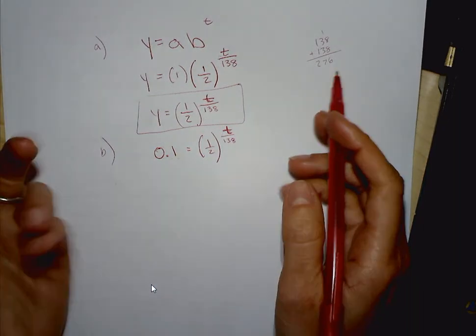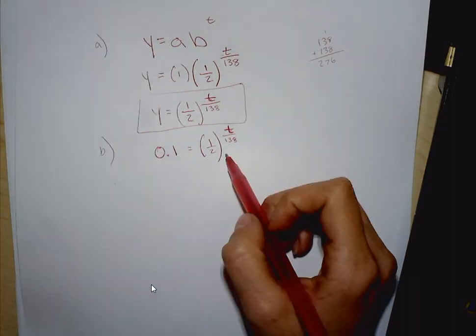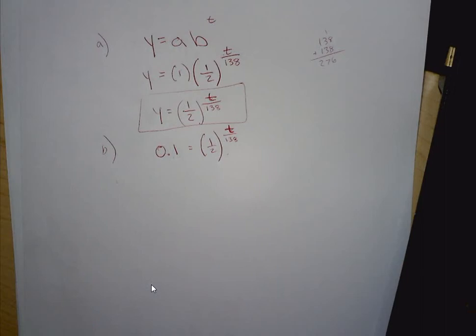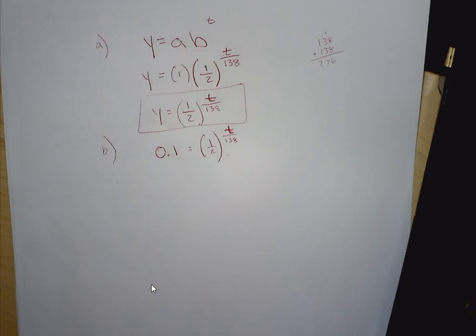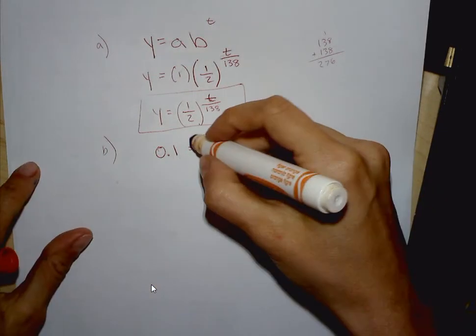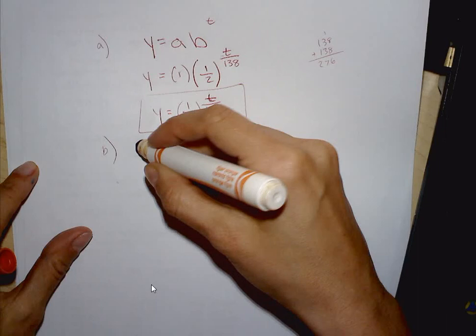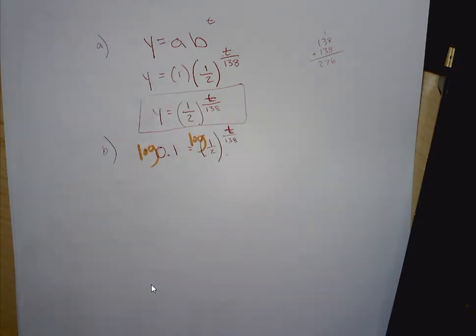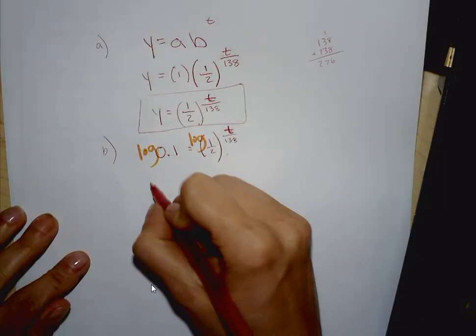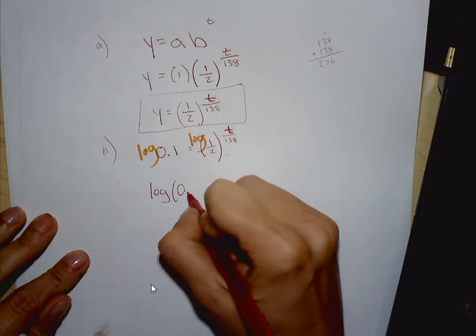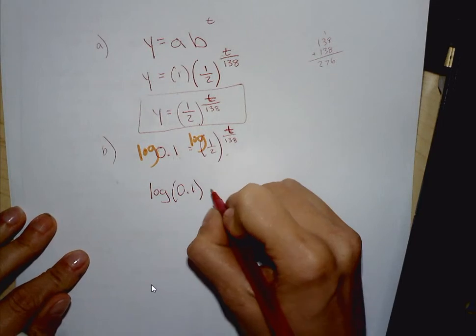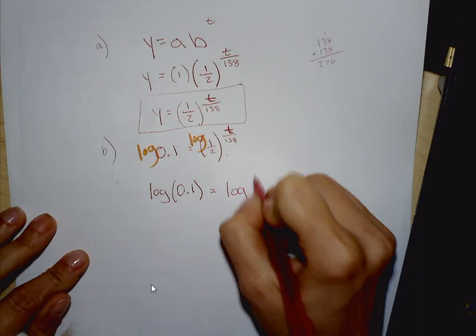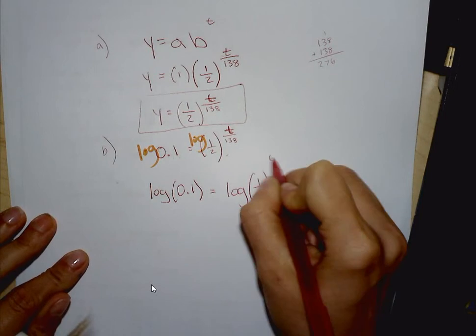So what do I have to do? Logs to the rescue. If I'm going to solve for t and it's in the exponent, I do the inverse operation of exponentials and take the log of both sides. So I'm going to have log of 0.1 is equal to log of 1/2 to the t over 138.